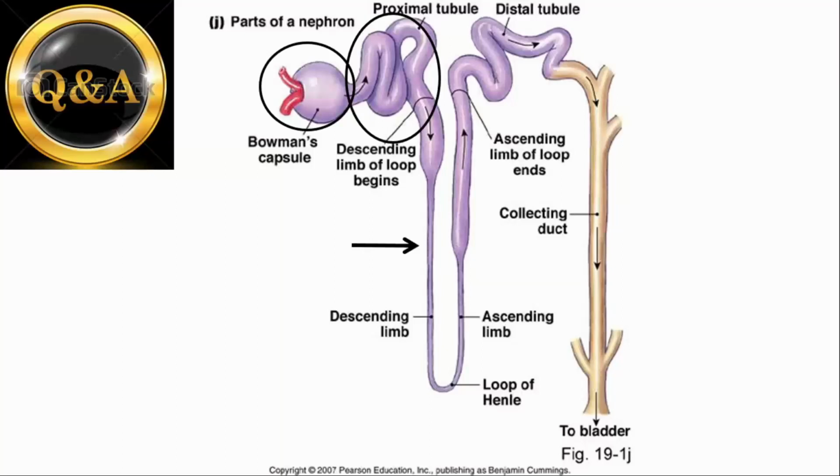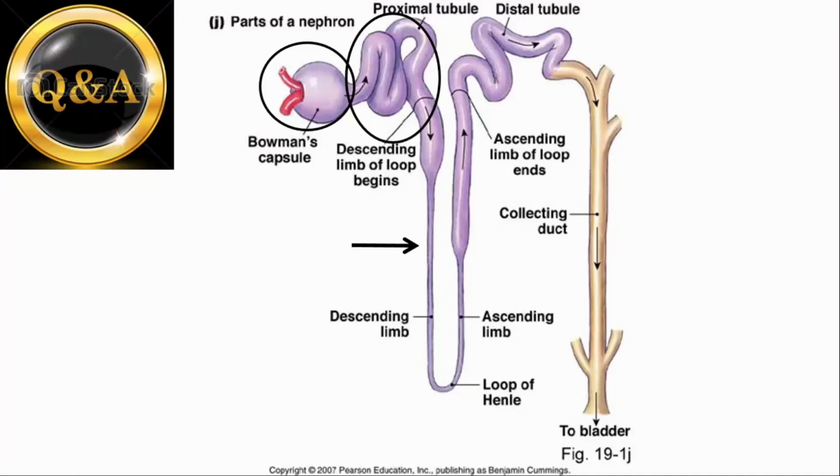Then the proximal convoluted tubules will lose their convolutions and come down as a straight tubule that has a thick part and a thin part, and this tubule is going to dip down into the medulla and comes out and becomes thicker again, and this is called the loop of Henle.